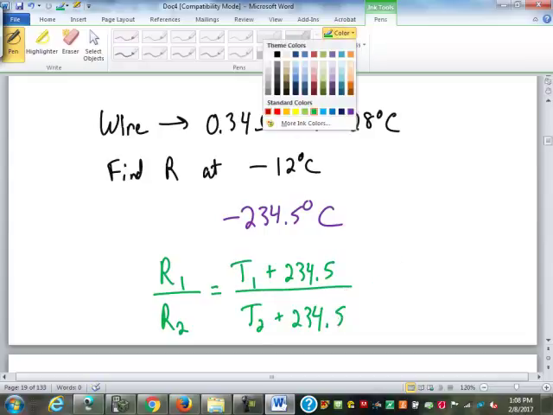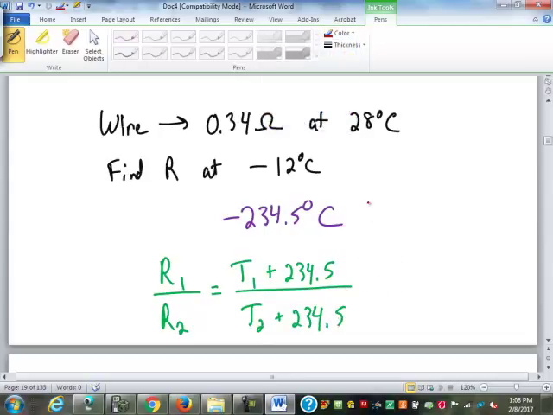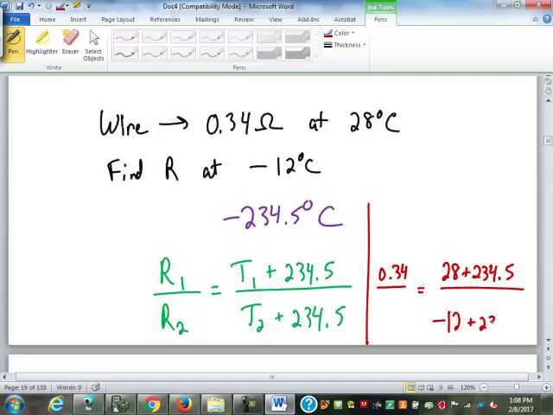So in this case, we have a resistance of 0.34 ohms at 28 degrees. So that's 28 plus 234.5. We want to know what the resistance is going to be at negative 12 degrees. So it's negative 12 plus 234.5. 28 plus 234.5 is 262.5. Negative 12 plus 234.5 is 222.5.